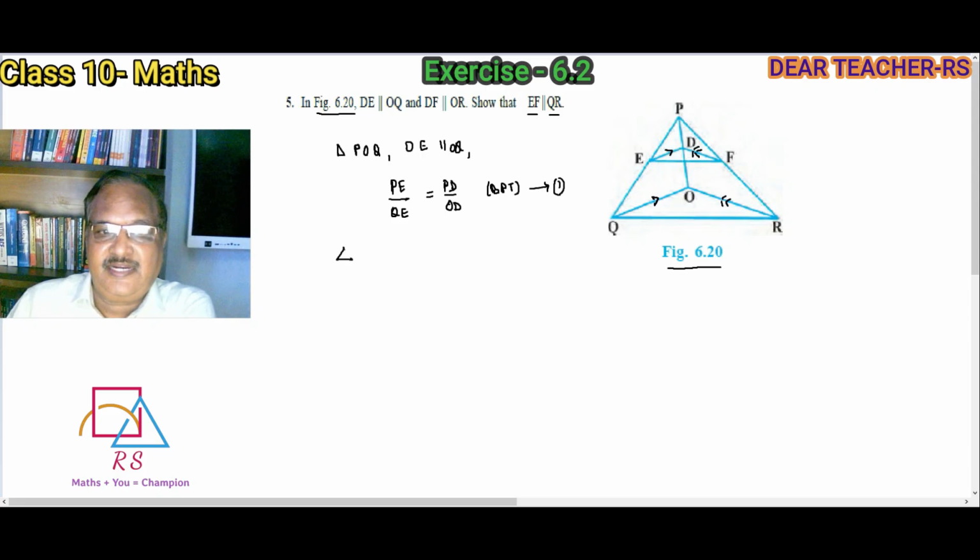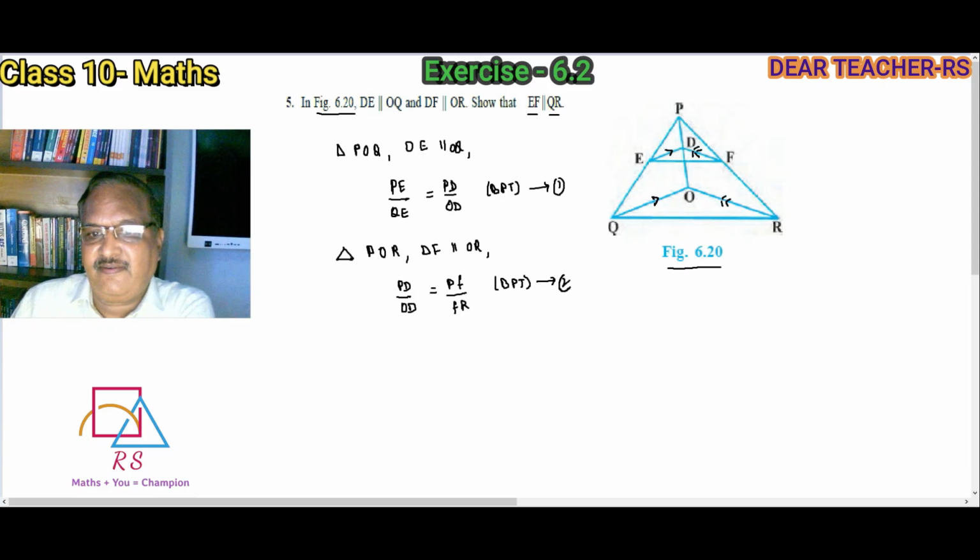Now go to the second equation, second triangle POR. In this, DF is parallel to OR. Therefore, PD by OD is equal to PF by FR. This is also the basic proportionality theorem, and this is the second equation.